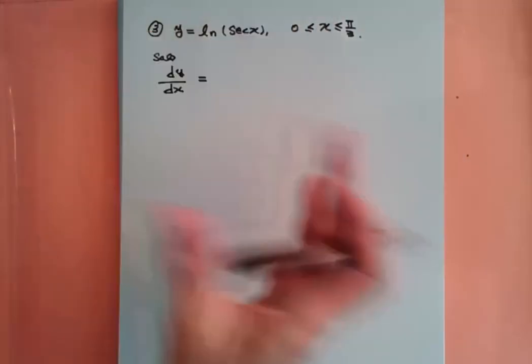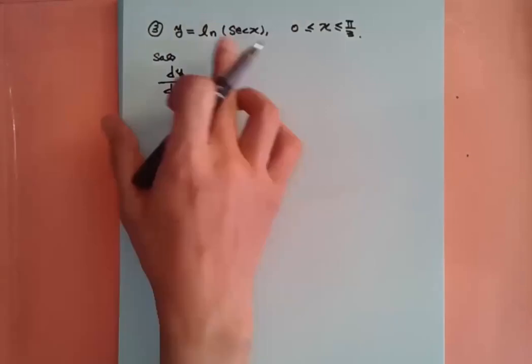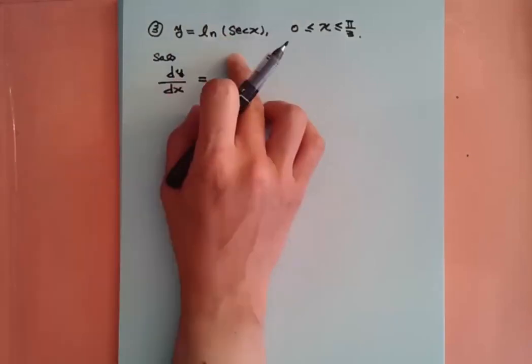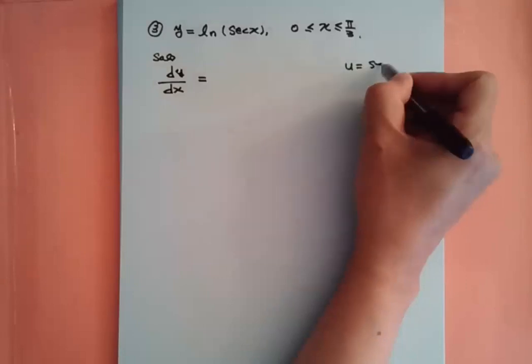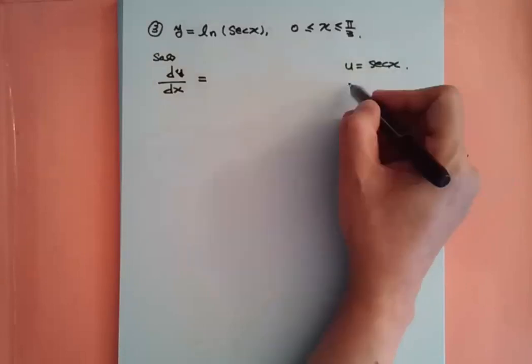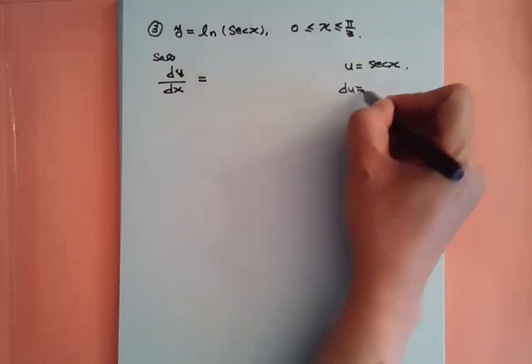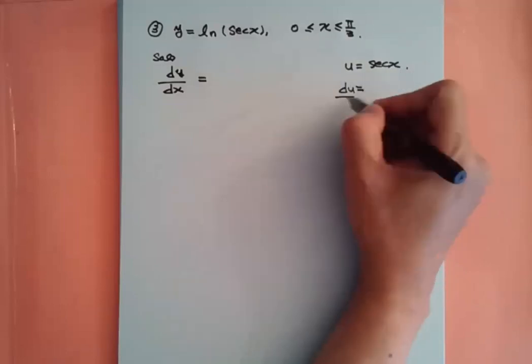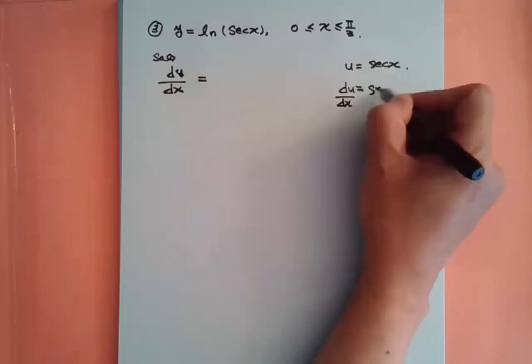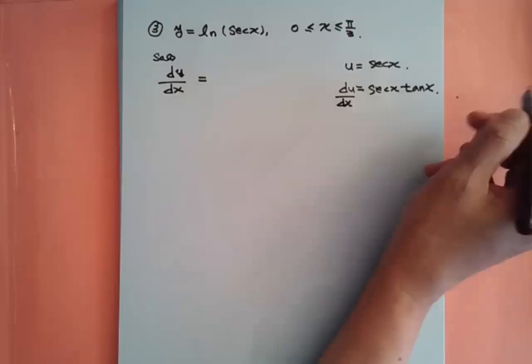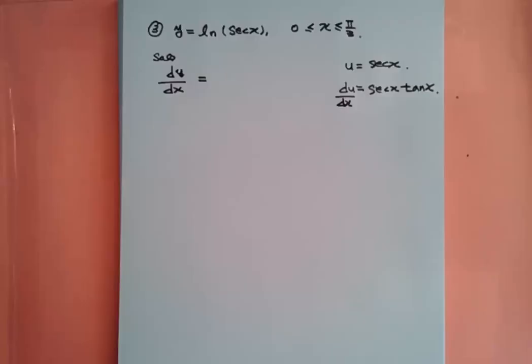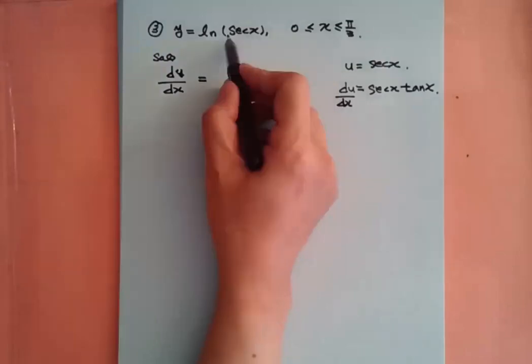So we have to use the chain rule because definitely this is a composite function. So we will put u equals secant of x, and then du over dx becomes secant x tangent x. And when we use this expression, this becomes u.